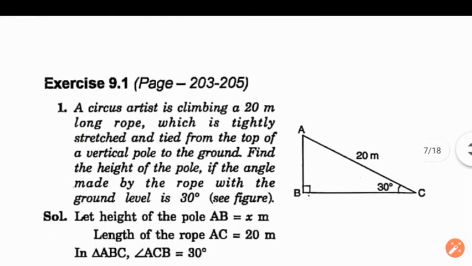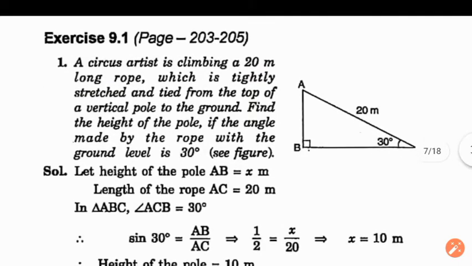Here we have question number 1. In question number 1, what do we have? A circus artist is climbing a 20-meter long rope which is tightly stretched and tied from the top of a vertical pole to the ground.